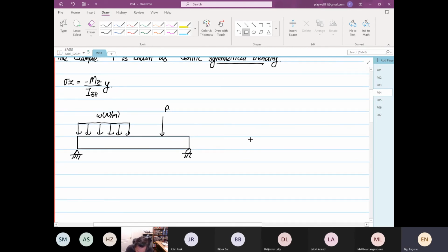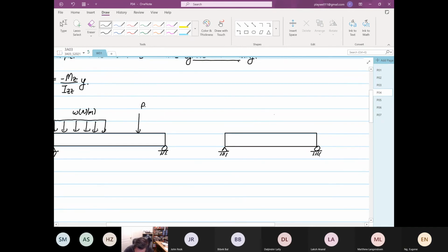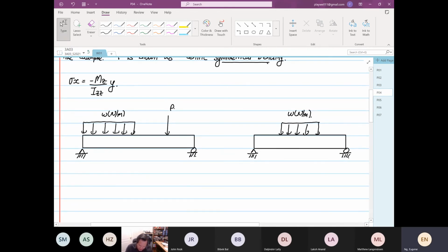Then I have another beam. So this is condition number one, and this is condition number two.